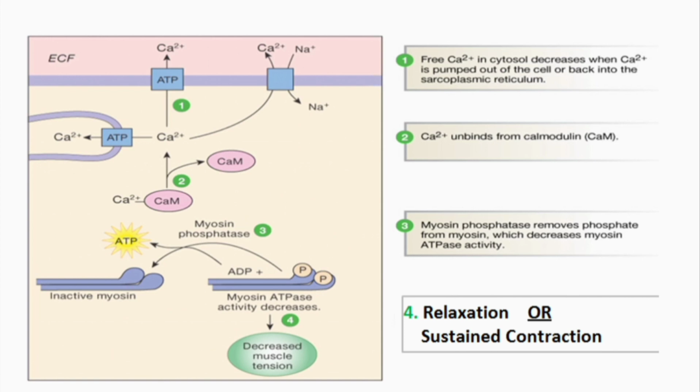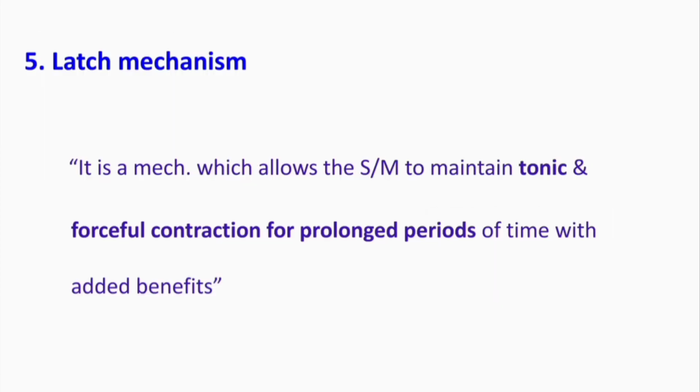There may be sustained contraction if the myosin heads remain attached to the actin, and it occurs due to the latch phenomenon. So now let's discuss what the latch phenomenon is.